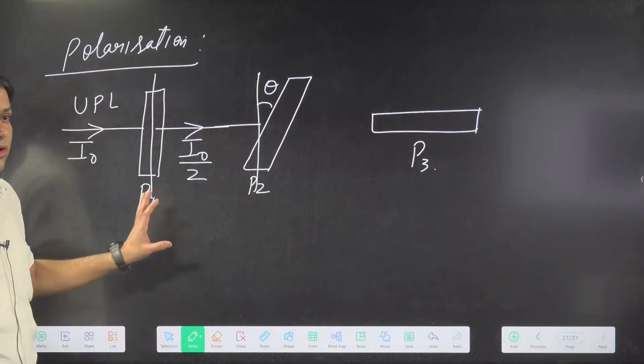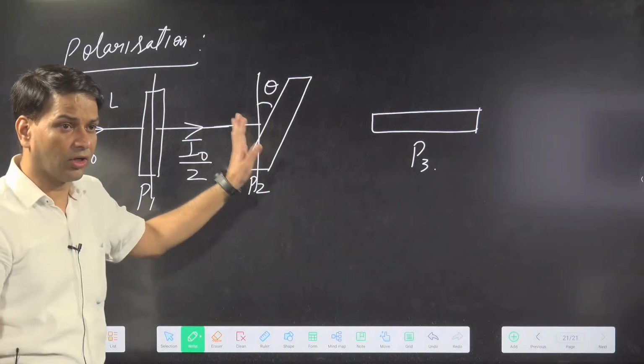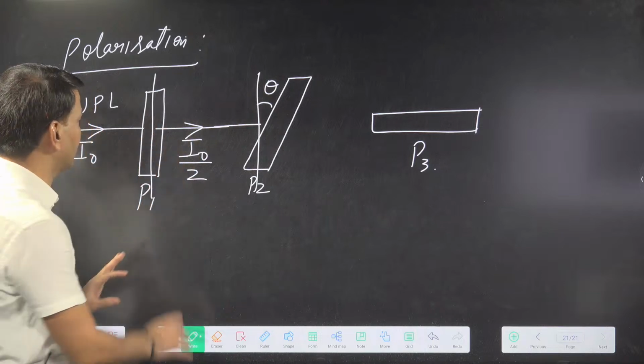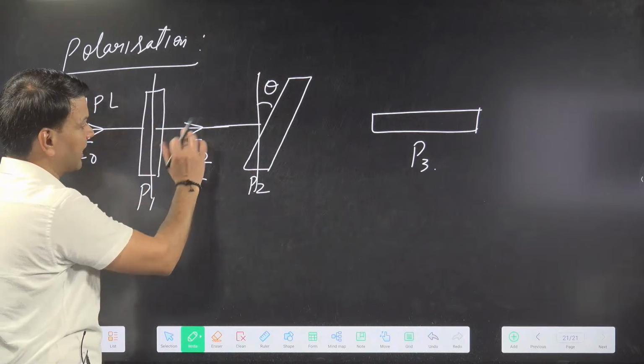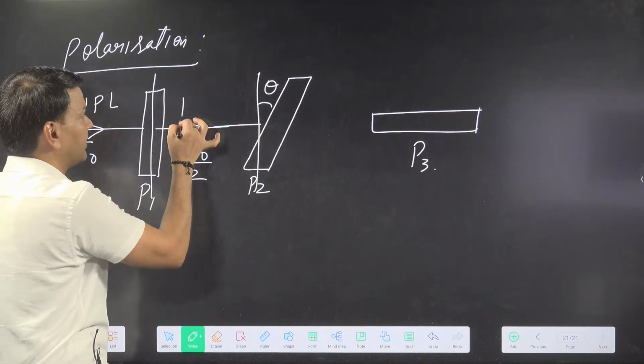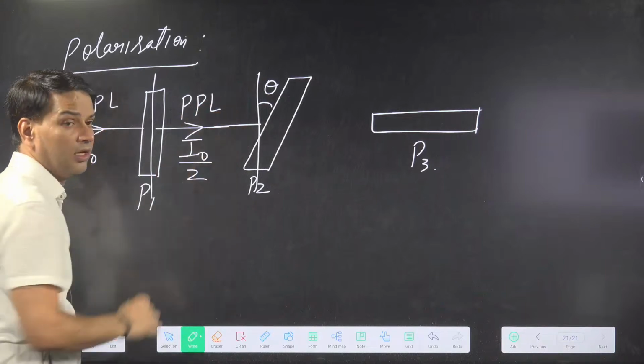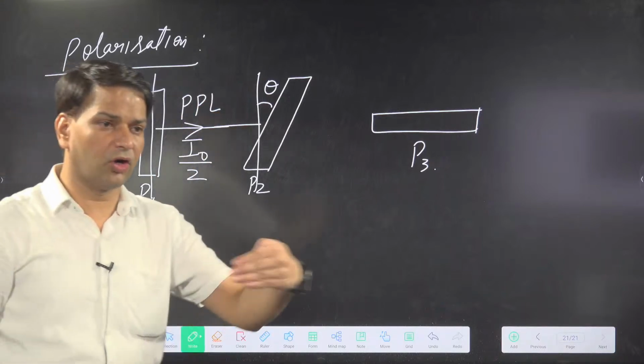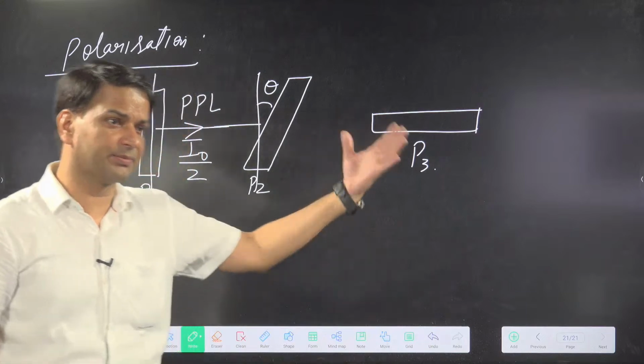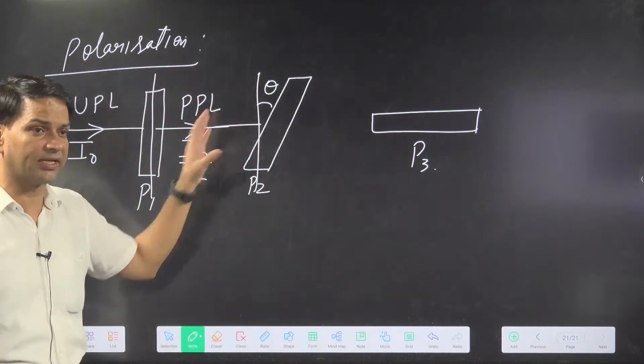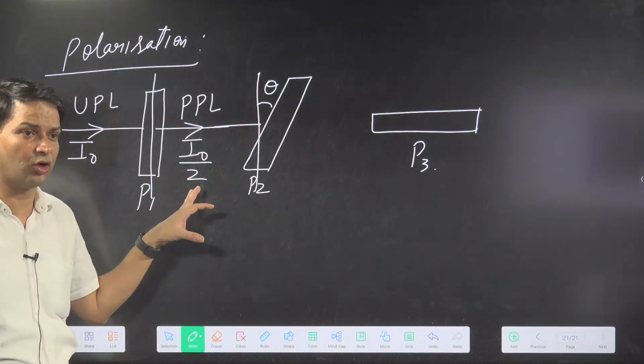Okay. So when unpolarized light is incident, it becomes I naught by 2 and it becomes plane polarized light. When the unpolarized light falls on the polarizer, the transmitted light will be plane polarized light of intensity I naught by 2.